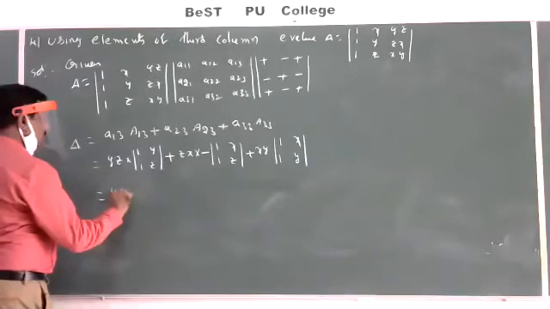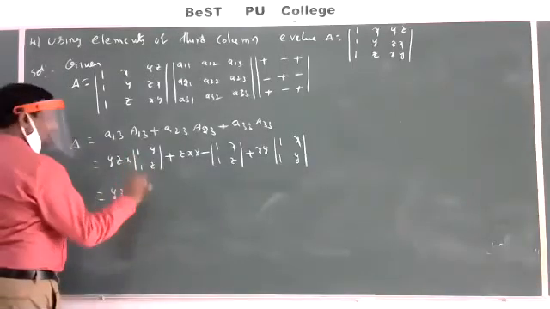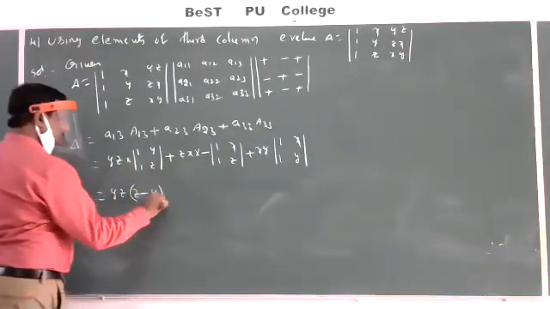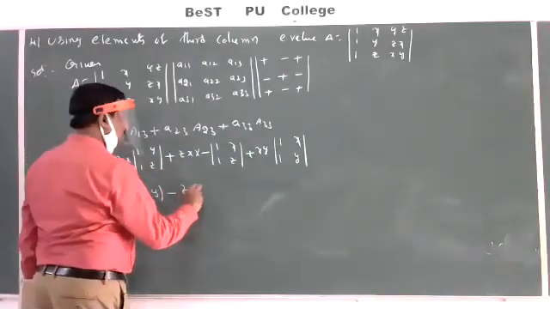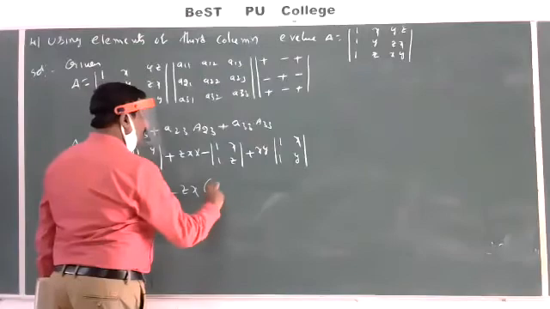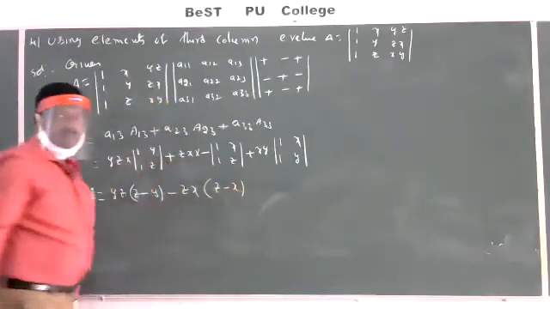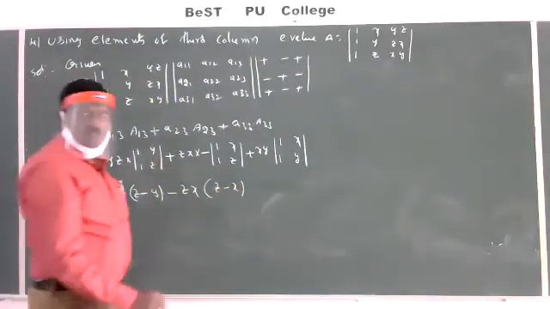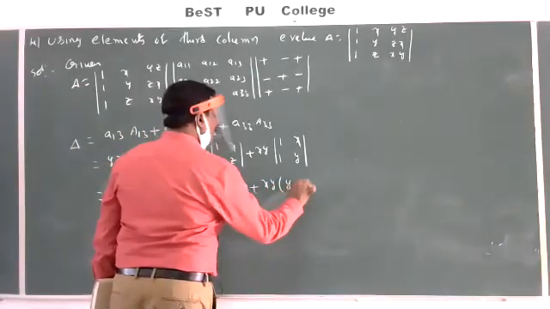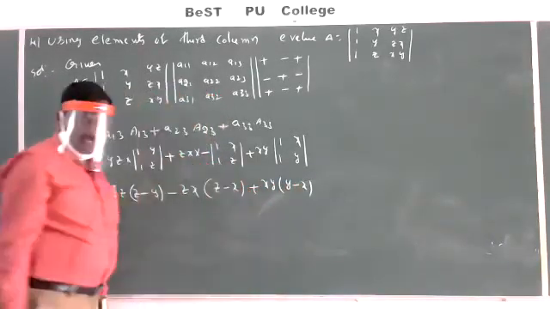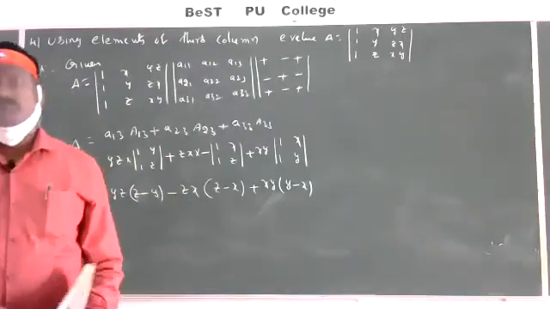Then it is yz times (z minus y). Here plus into minus, minus zx times (z minus x). Here it is plus xy times (y minus x).